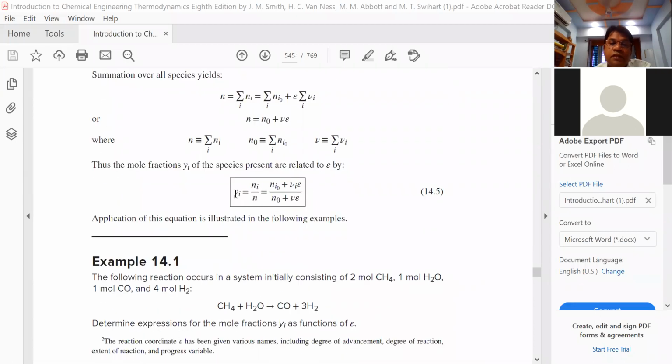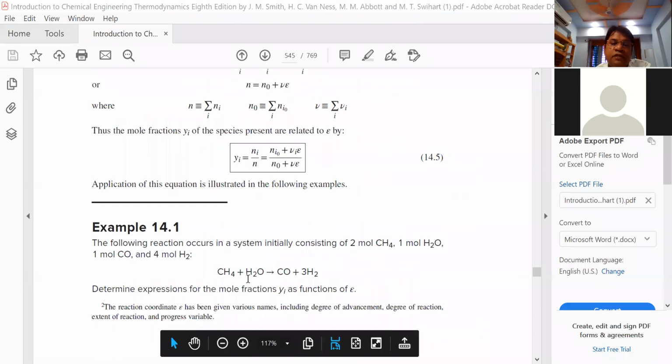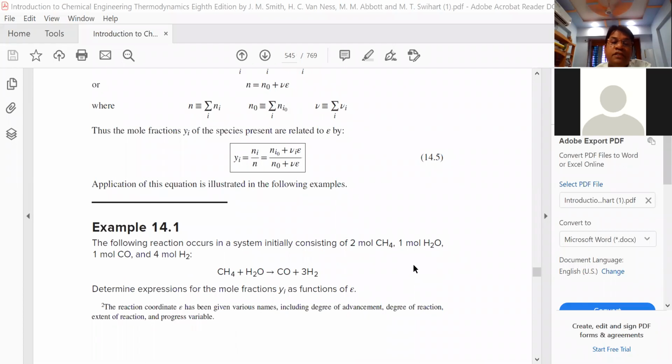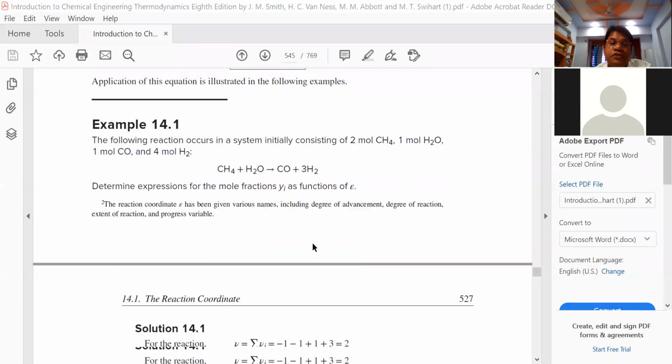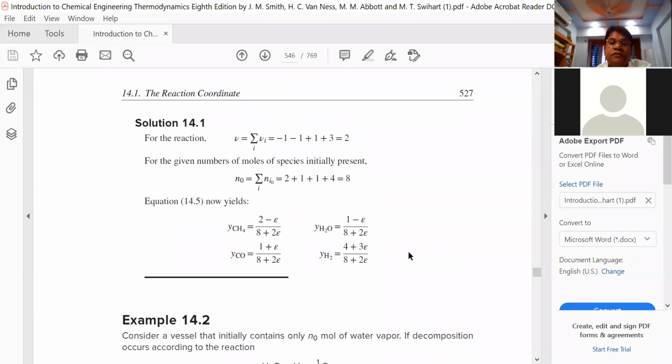So this is the relation. In one example, the steam reforming of methane for the production of hydrogen was considered, and you successfully represented the mole fraction of each component with respect to the extent of reaction.